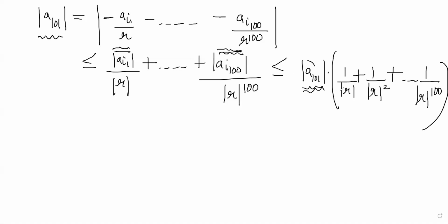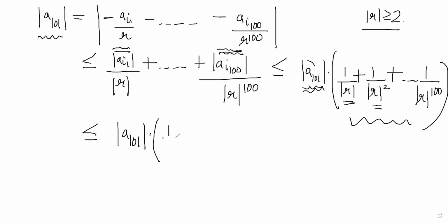So now what we can say here is that mod r is greater than or equal to 2 is my assumption. So I can replace all of these with the lower value of 2 and the fraction will be bigger, because otherwise mod r is bigger than 2, so it will be smaller. So I can say less than or equal to mod of a101 times 1 by 2 plus 1 by 4 till 1 by 2 power 100.